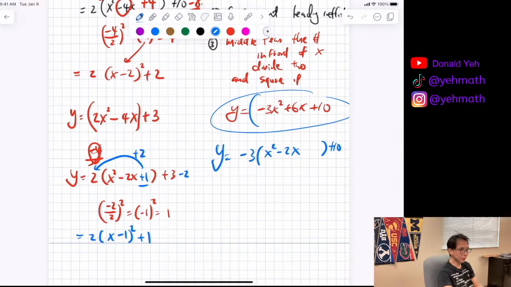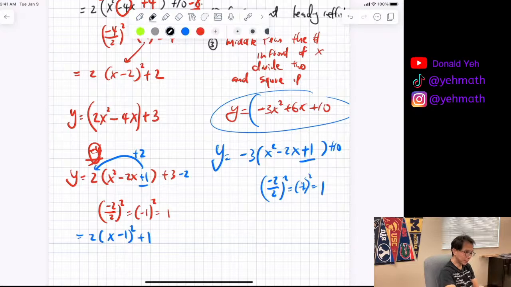Okay, so now I'm gonna take the middle term divided by 2 squared. That's equal to -1 squared, which is equal to 1. I'm adding 1 here. Do I have a net gain or net loss? Net loss, right? Why is it net loss? Because you gotta take into account this is -3. So what do I need in order to balance this? +3.